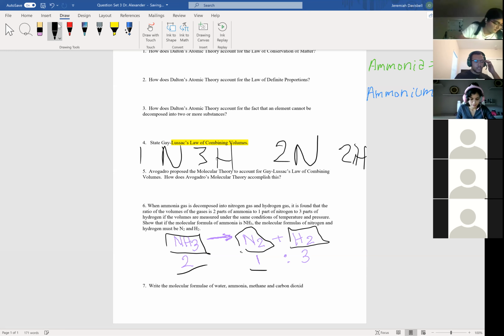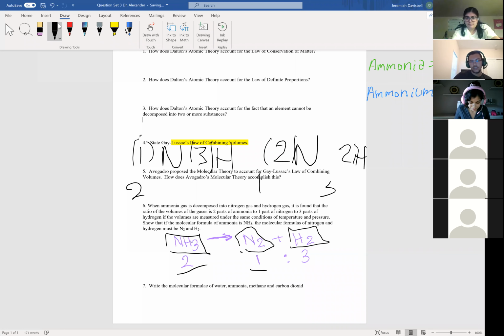And then based off of what he said, which is that ammonia is in two parts, we'd have 2 here. We're multiplying that 2 times the 1 and times the 3 for the hydrogen, the 1 times the 2 for the nitrogen, and then the 3 times the 2 for the hydrogen. That's on the right side of the equation.